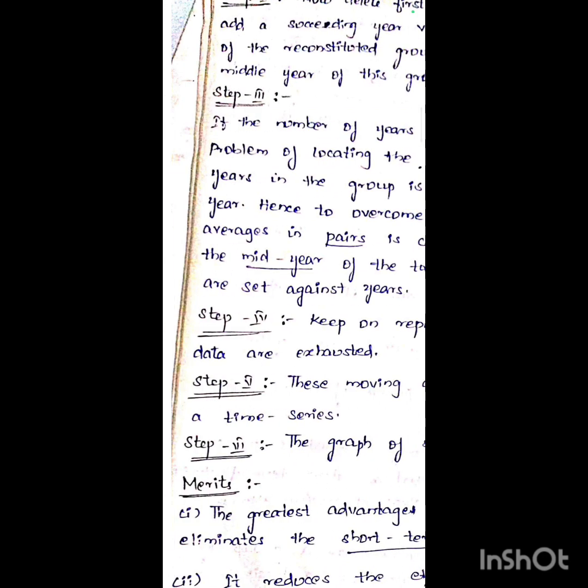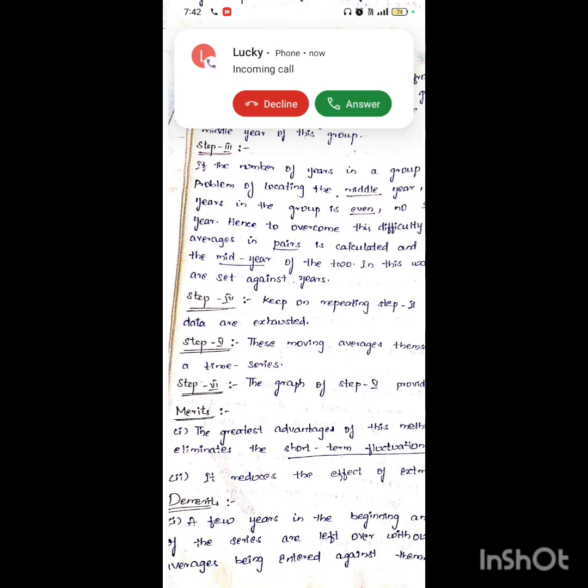In this way the moving averages are set against the years, which we can easily calculate for this data. How are we going to calculate if there is an odd number of values? Let us suppose the years are 1991, 1992.